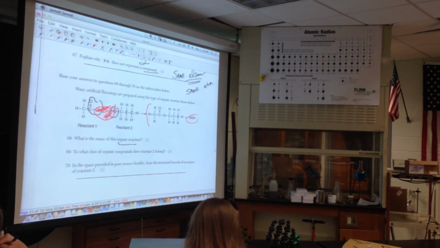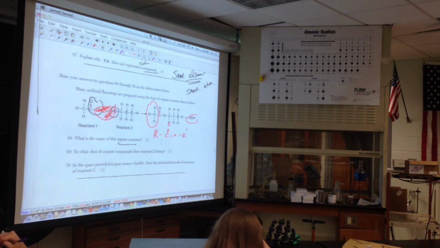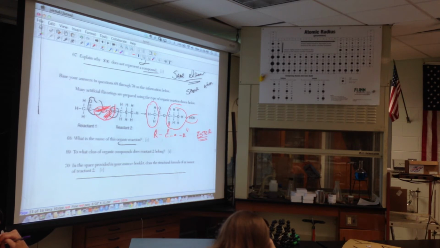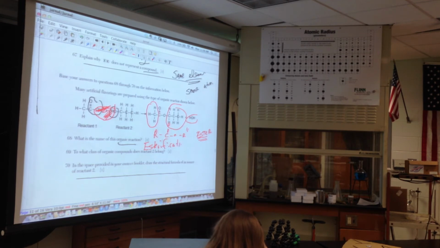R is the rest of an organic compound, C double bonded O, O to another R. This is an ester. If you go to Table R, you'll see that's an ester. So this is esterification. Not a lot of wiggle room here. Making an ester is esterification, one of the important ones.